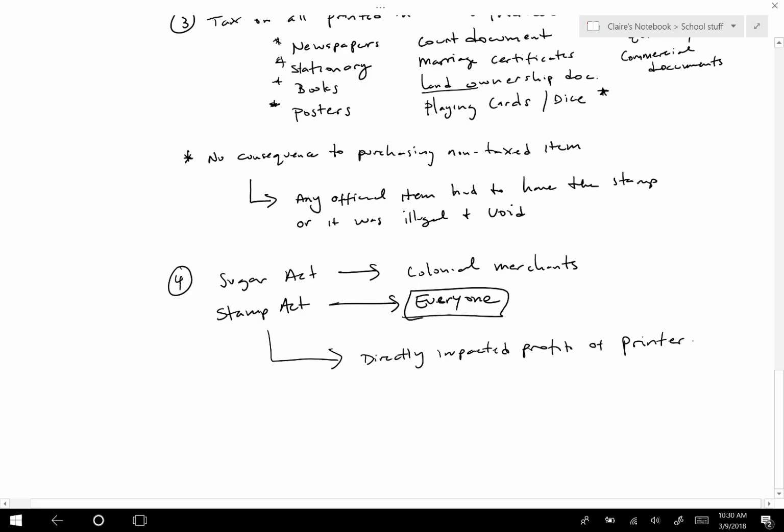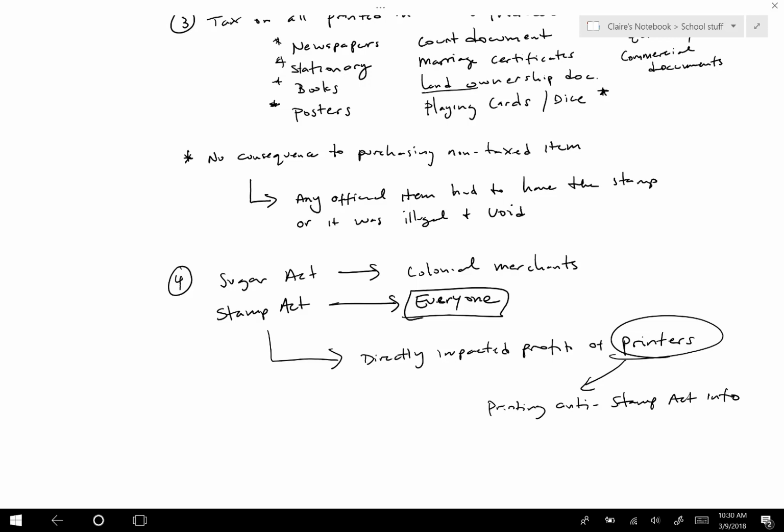Don't ever anger the printers at this age, because this is pre-internet, this is how they got information across. So, of course, the printers are going to be printing underground pamphlets with anti-Stamp Act information. One of the problems that the Sugar Act had, of not gaining widespread protest and outrage, is that a lot of people weren't really aware of it.